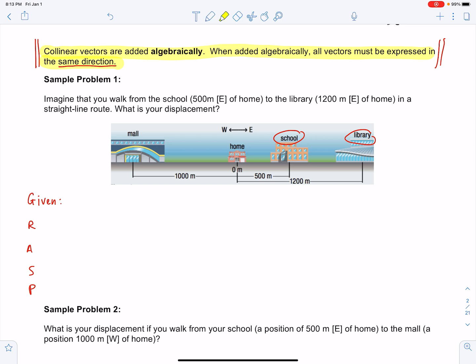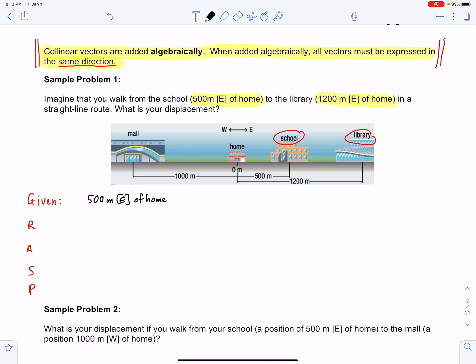So I'm going to read and I'm going to highlight all of the information as I go along. Imagine that you walk from the school 500 meters east of home to the library 1,200 meters east of home in a straight line route. What is your displacement? So we're given two quantities. The first one is 500 meters east of home. This quantity has a magnitude, a direction, and a reference point.